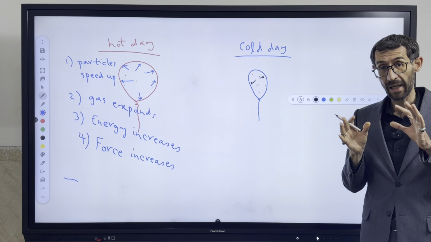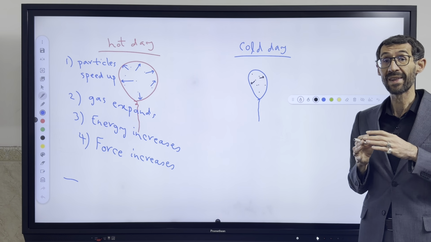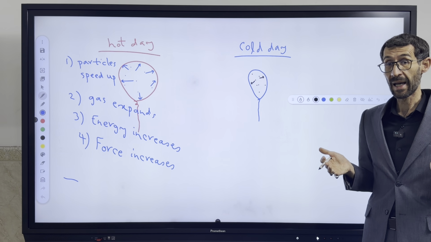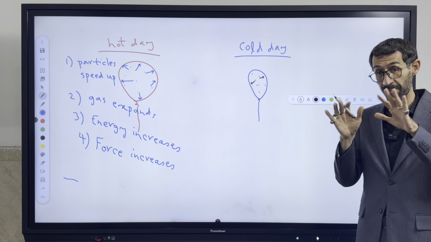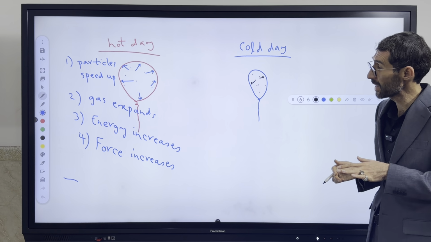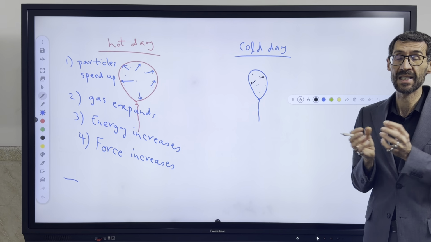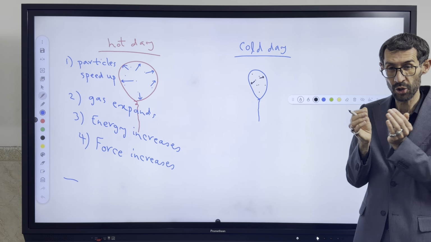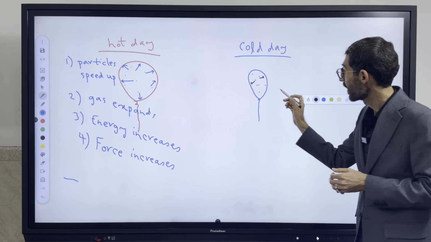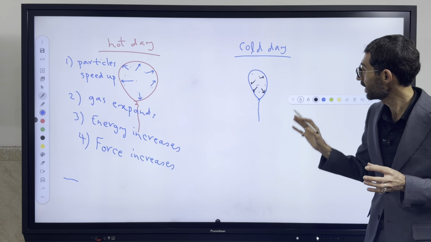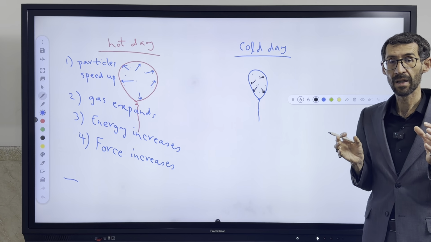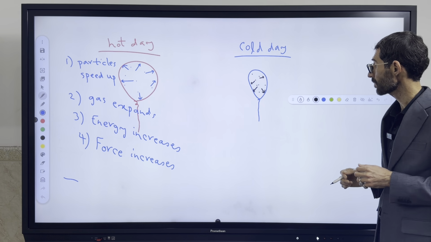They push on the inside wall of the container with less force, and they slow down. Particles slow down. It means the speed of the particles reduces, and the gas contracts. Instead of expanding, we have contraction. You see? So in this case, the gas actually contracts. Right.